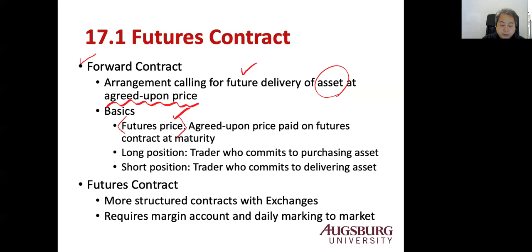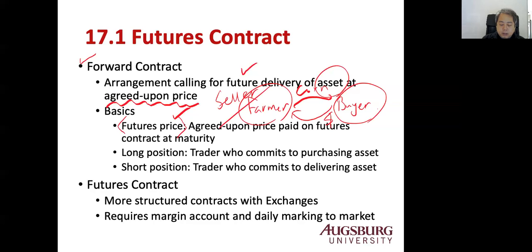And there are two parties, right? There is a farmer and there is a buyer. So the farmer sells the corn and the buyer pays money. The buyer is the trader who commits to purchase the asset.